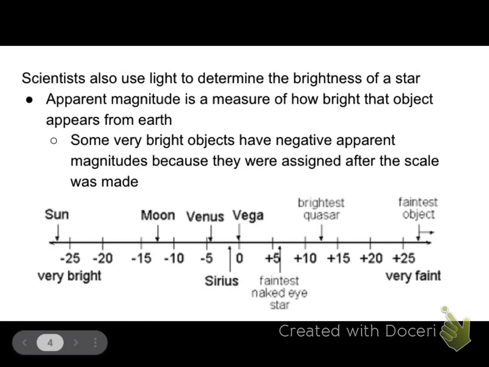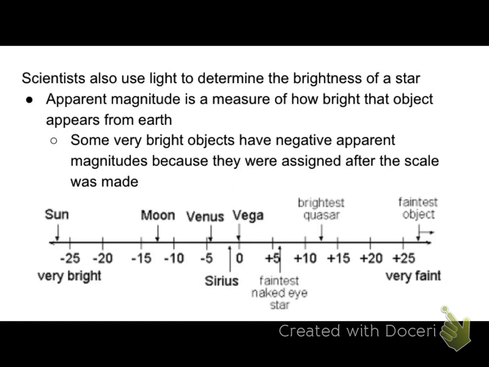Okay, so here is an example of some different objects on this magnitude scale. Okay, so the sun is very bright in our sky, right? Because it's very close to us. So it has below a negative 25 brightness. Okay, Sirius, which you can see there on the bottom, close to 0, has a negative magnitude, whereas Vega is exactly at 0, okay?